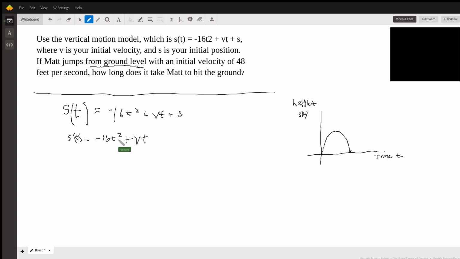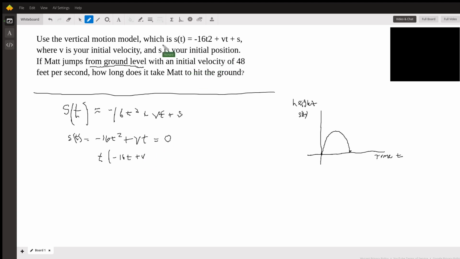Okay, so we're just going to figure that out, because when he lands, his height is going to be 0. Let's go ahead and solve this. So we're going to factor out a t. That's going to be negative 16t plus v.